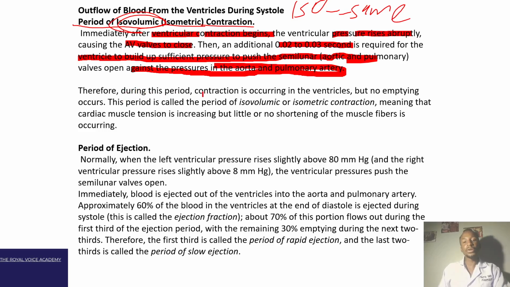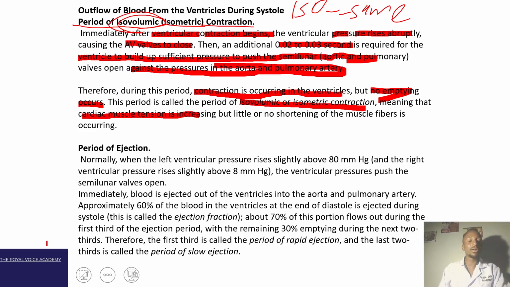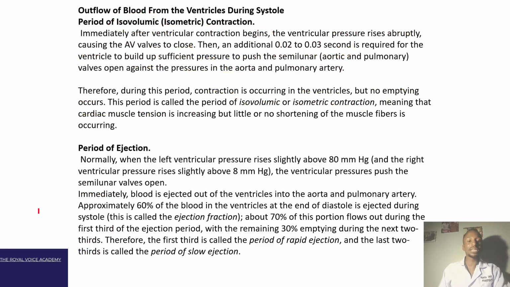Therefore, during this period, contraction is occurring in the ventricles, but no emptying occurs. This period is called the period of isovolumic or isometric contraction, meaning that the cardiac muscle tension is increasing, but little or no shortening of the muscle fibers is occurring. And I think we've explained that so well.